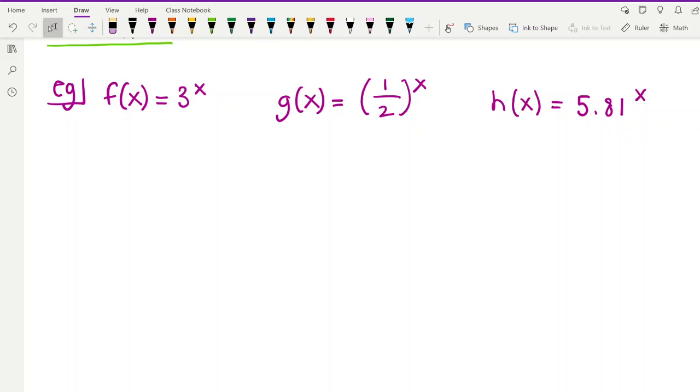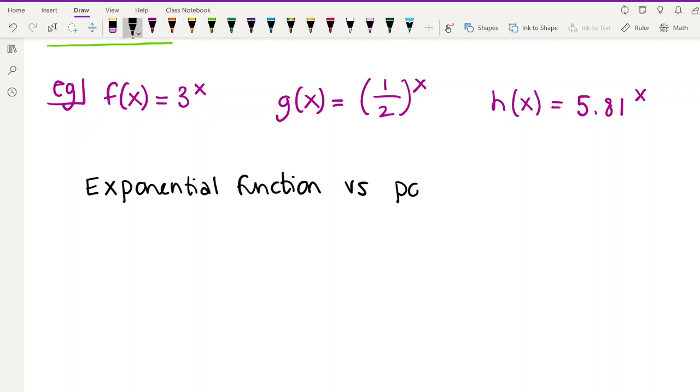So one thing that I want to point out that is useful to compare these functions with functions that we've seen in the past is: what is the difference between an exponential function versus what's called a power function?